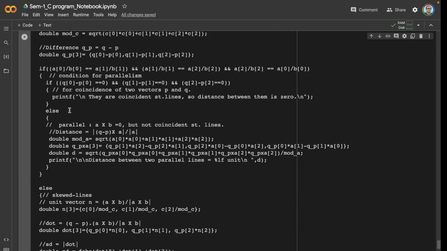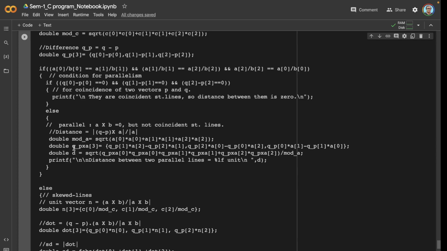Otherwise, for parallel straight lines, that means a cross b equals 0 but they are not coincident, the distance is modulus of q minus p cross a, divided by modulus of a. So first we find the modulus of a, mod underscore a, the square root of a0 square plus a1 square plus a2 square, and the double variable q underscore p x a3.